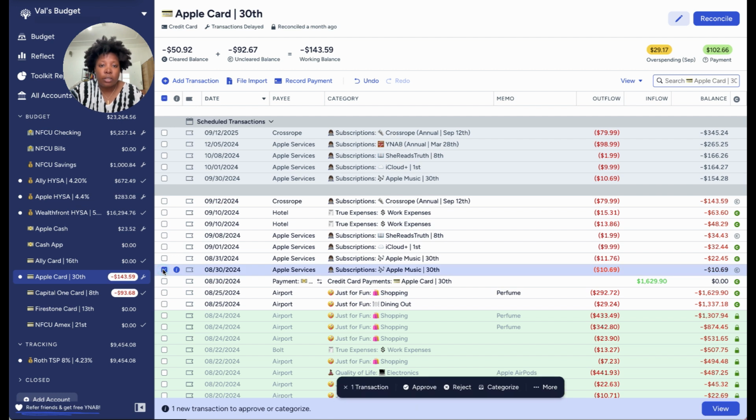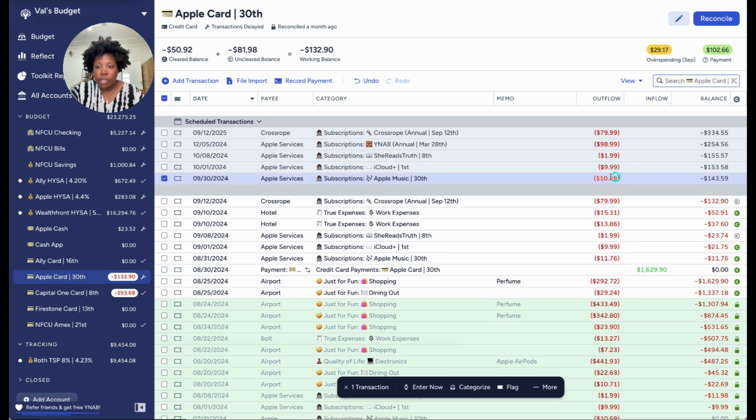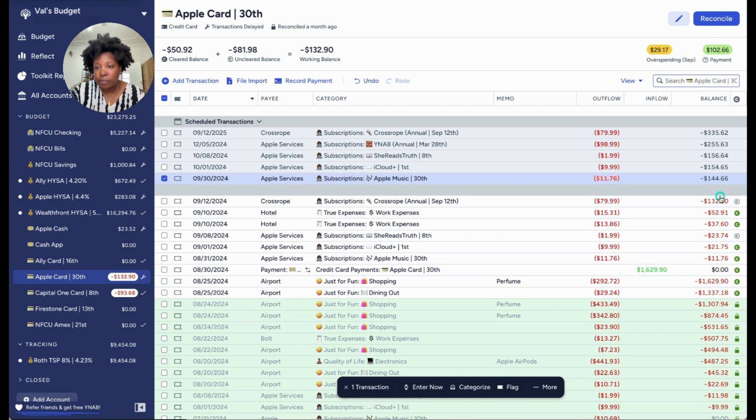This is what usually I had. So if you can see up here the scheduled transactions, this is what the normal price was before they increased the price. So I'm going to go ahead and delete this one. And then I'm going to change up here the price to be $11.76 for the future transactions.